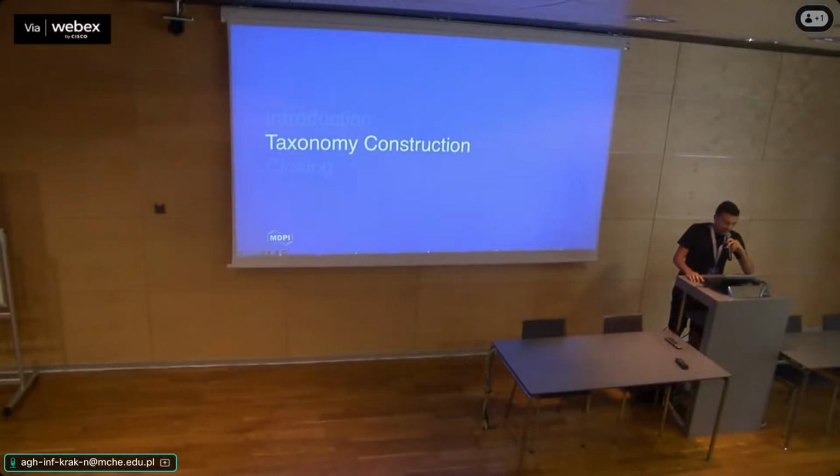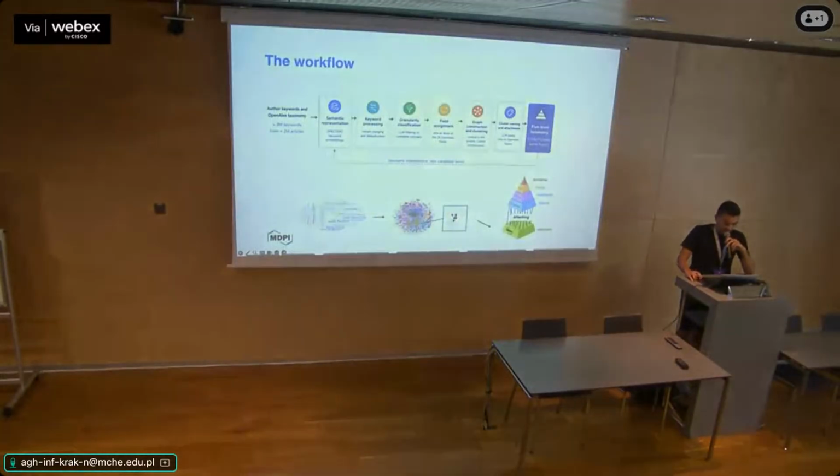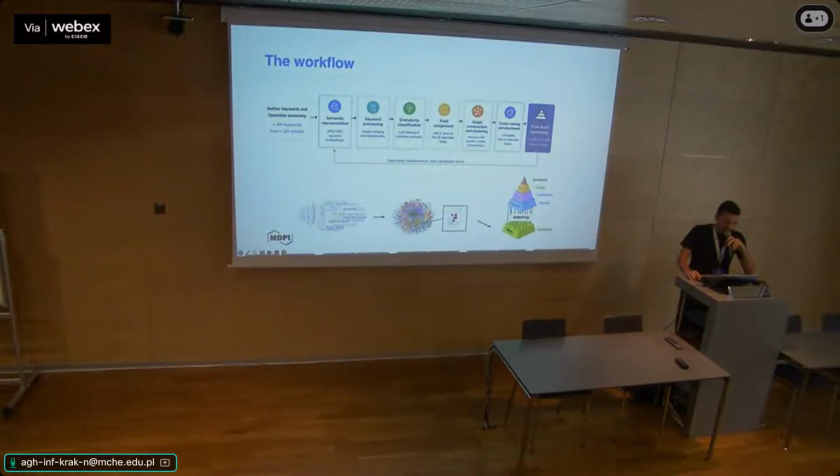So now we can go into a bit more detail on how we built it: the pipeline and the workflow. This is just a schematic view that we built to introduce it. If you look at the bottom, we started with a huge amount of keywords, and we had to find a way to reduce this complexity and standardize it using LLMs, embeddings, and graph clustering to group these keywords together.